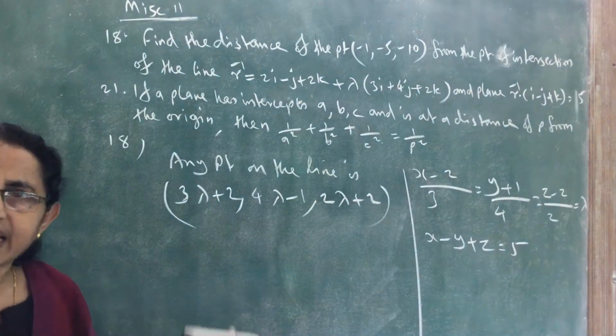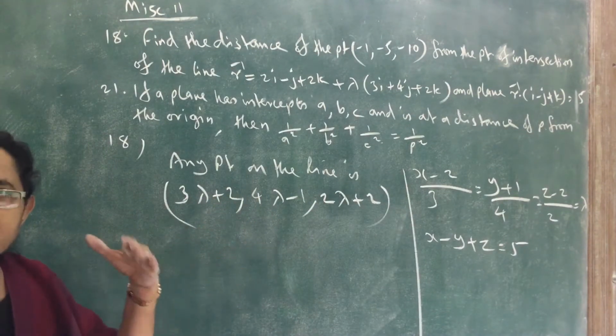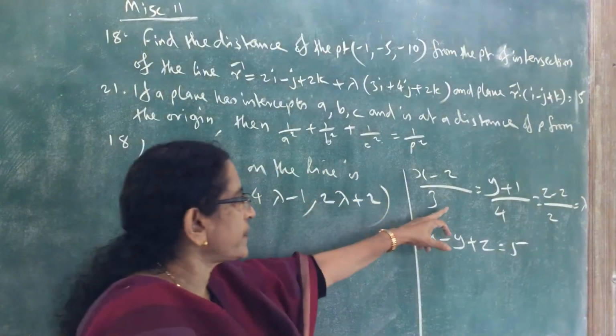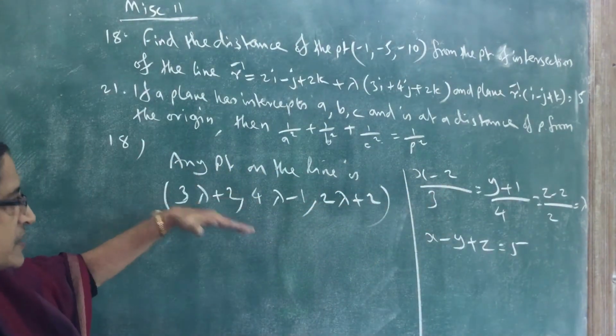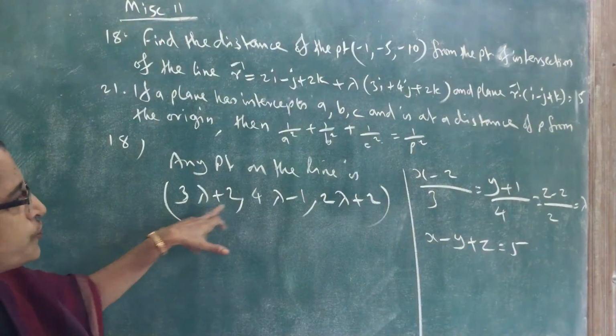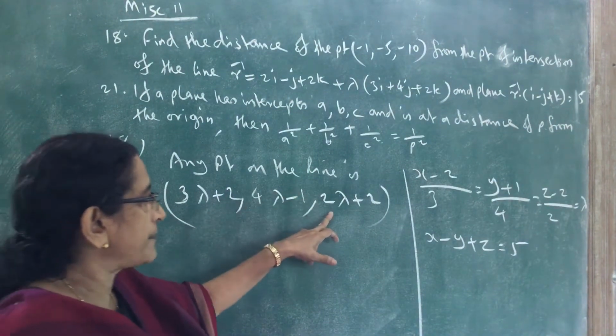So we can write this directly. For this step there is a mark; each step has a mark. So any point on the line can be written in this form: (3 lambda plus 2, 4 lambda minus 1, 2 lambda plus 2).